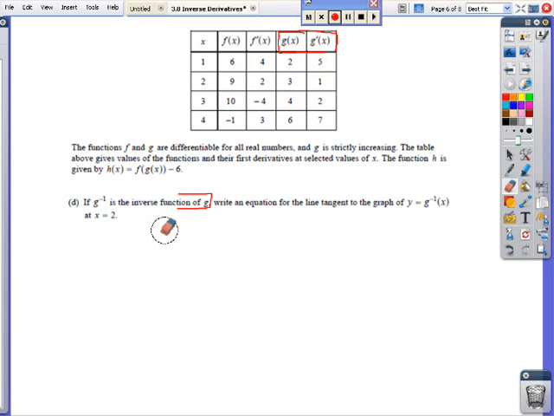Write an equation for the line tangent. That makes me think I need a slope using a derivative, and I need a point. You want to find the line tangent on the inverse function of g at x equal to 2.